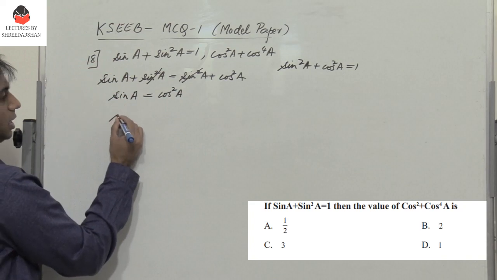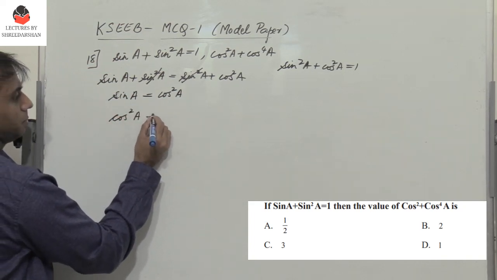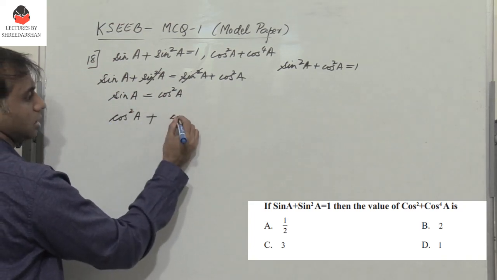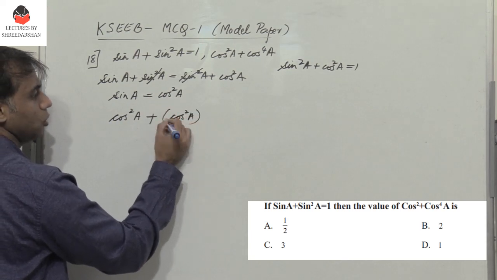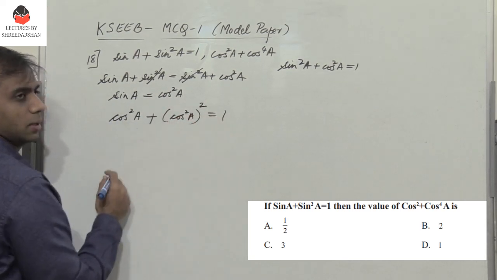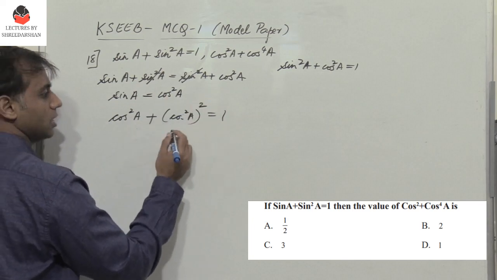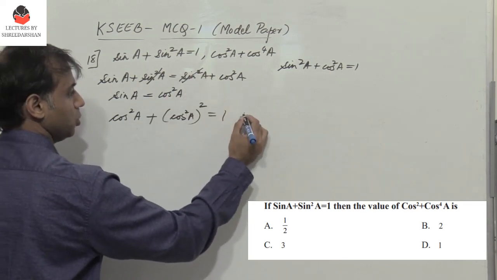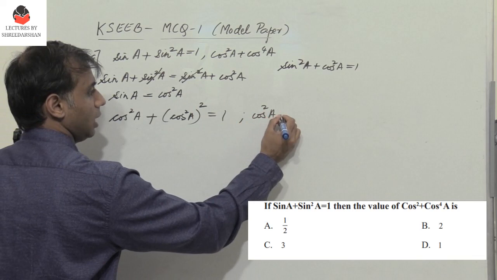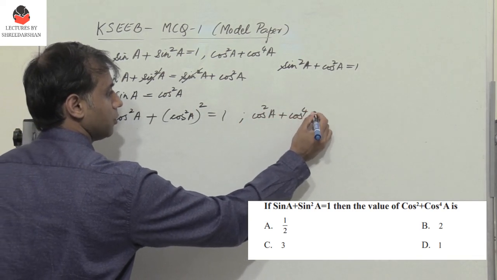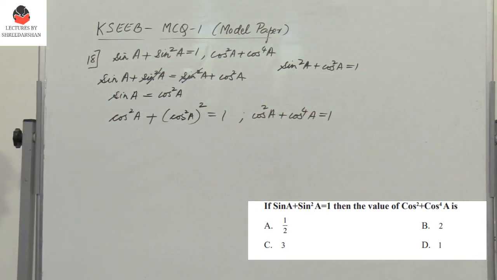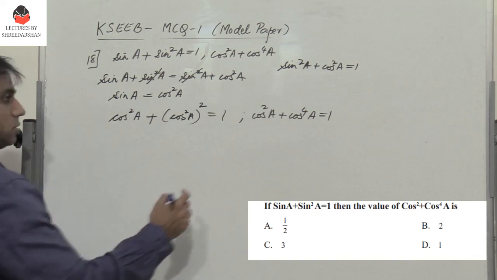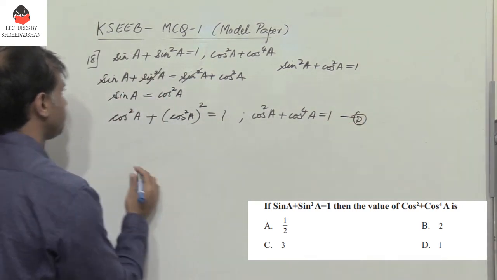So instead of sine A, I write cos square A plus sine A is nothing but cos square A, the whole square, that is equal to 1. Now cos square A, the whole square, is nothing but cos power 4A. So we get cos square A plus cos power 4A is equal to 1, and this is the right answer. So the option is D.